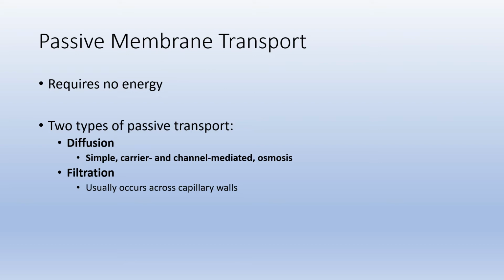We have several different types of diffusion, but in short, diffusion will occur when a substance moves from an area of high concentration to an area of low concentration. And the other type of passive transport is known as filtration. We will not talk about this in this chapter, but it usually is seen occurring in capillaries, and capillaries are very tiny and small blood vessels.